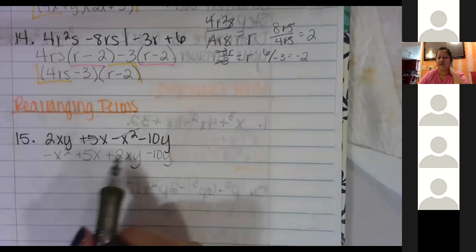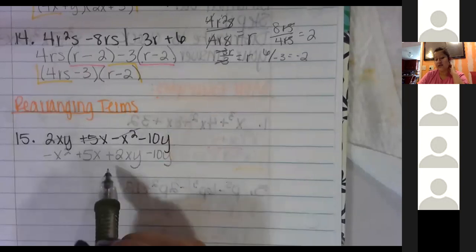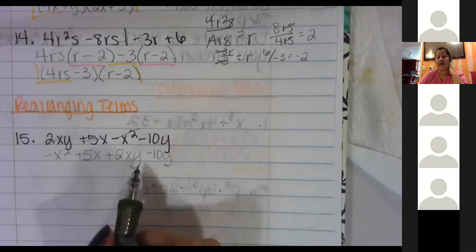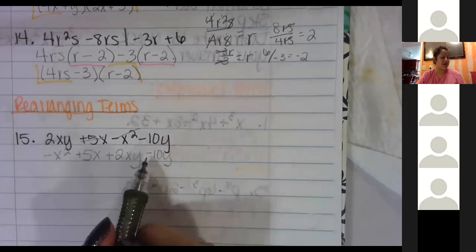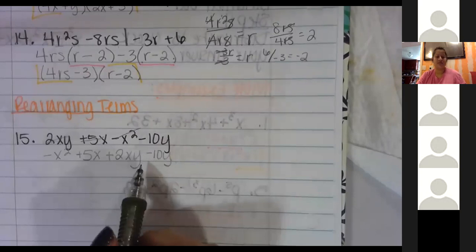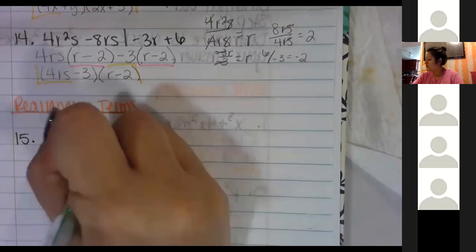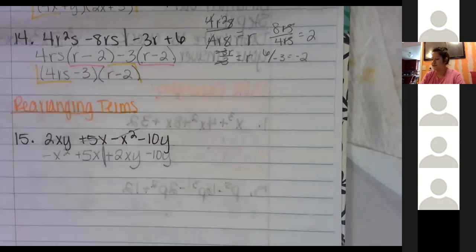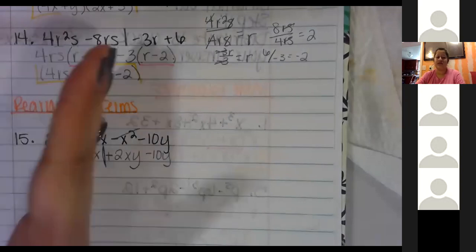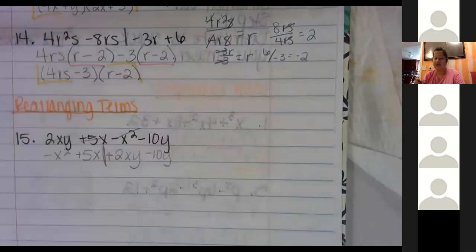These two terms, the way I like to think of them is you need to group your y's with your y's and your x's with your x's. So since this term had a y in it, I put it in the third spot. So when you threw down your center line in the middle, it would be yy, xx. So everything with just x first, and then anything with xy.